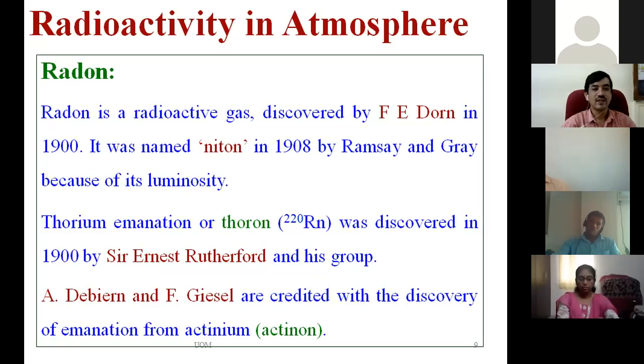It was luminous because it emits alpha particles. It looks like light radiation, a flash of light coming out of the radon gas. Another isotope of radon, the thorium emanation, was discovered by Ernest Rutherford in 1900. Debierne and Giesel are credited with the discovery of the third isotope, actinium emanation.